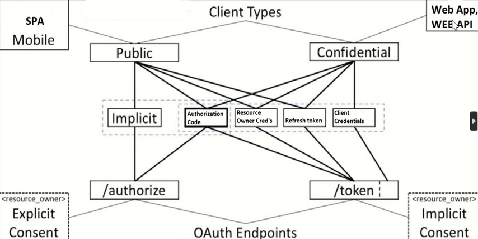Because of this plus point, you can very safely keep your client credentials on server machines, and that's why you can comfortably go ahead and make use of client credentials in order to generate the access tokens for confidential client applications. Of course, you can make use of refresh token also in order to refresh the token whenever it expires. Here you can use the resource owner credentials also, but it is not recommended because these are confidential client applications. You can also make use of authorization code as already explained.